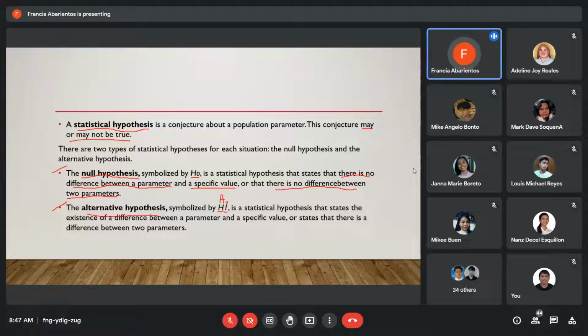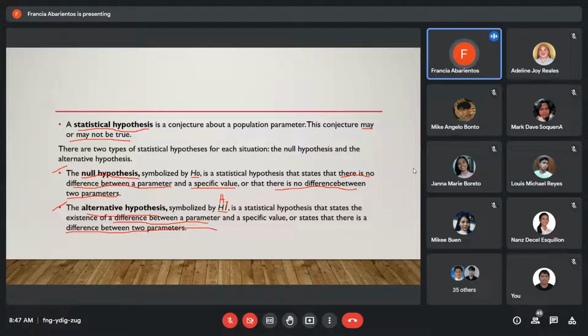Okay, in the alternative hypothesis class, that is a statistical hypothesis that states that there is an existence of a difference between parameters. So there is an existence, meron kang difference between the parameter. Or there is a difference between two parameters. Take note, difference between two parameters.